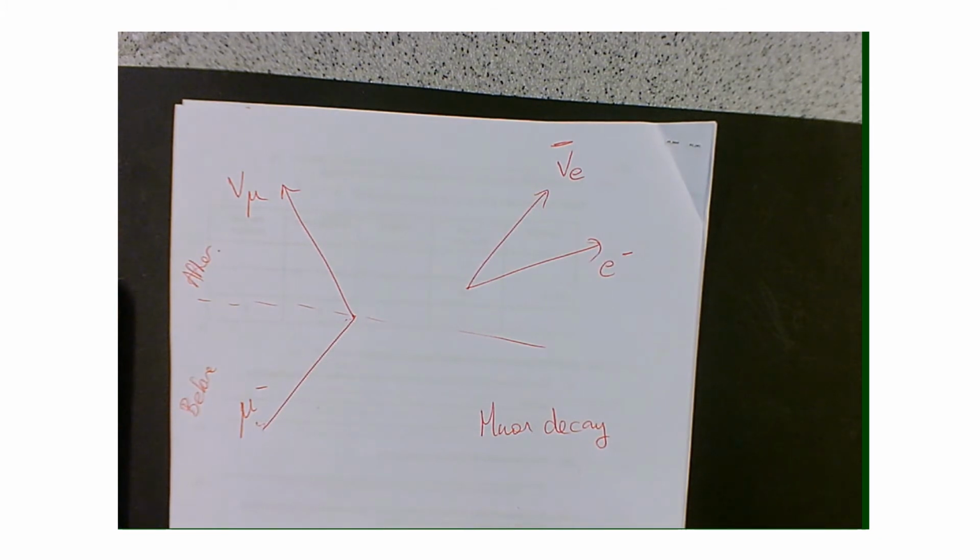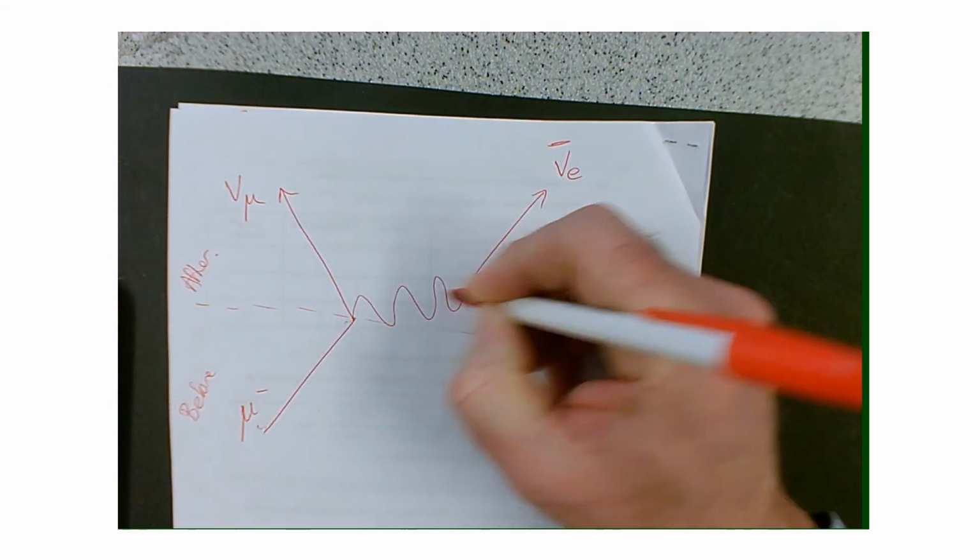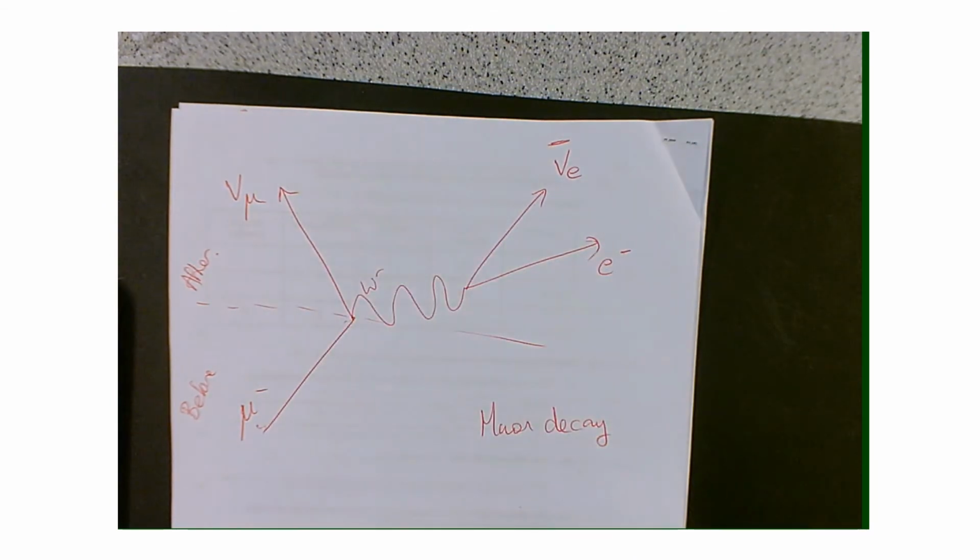So overall afterwards I need what charge? -1. So what boson will I have here? W minus. Yeah. It's very important that you think about what's happening before and what's happening after the interaction.